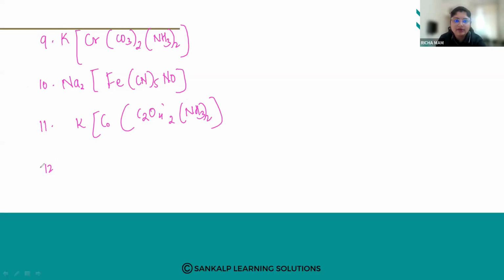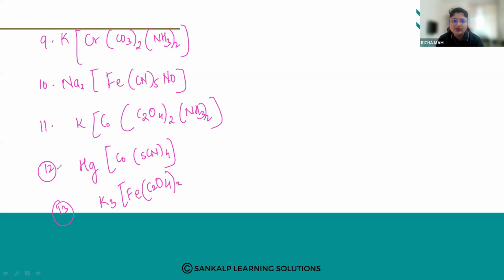Then 12th one, Hg, Co cobalt, CN4. Then 13th one, K3Fe, C2O4 thrice. So this completes our anionic ligands. First we will name this, then we'll go for cationic ones. Start naming.